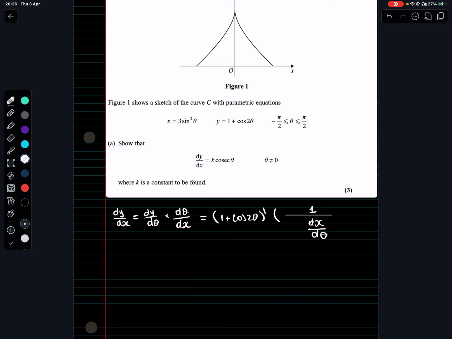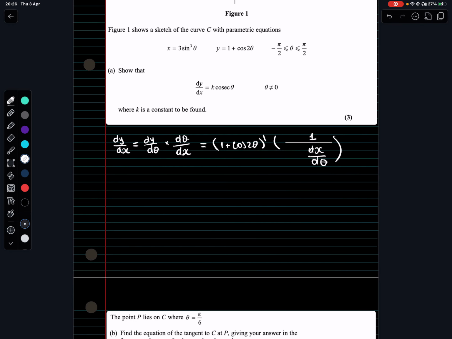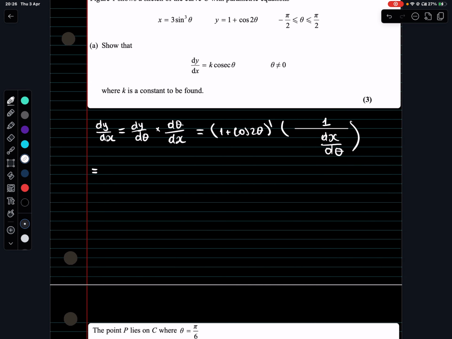Let me take it all the way here. So 1 plus cosine 2 theta: the derivative of 1 is 0, so we don't write it.